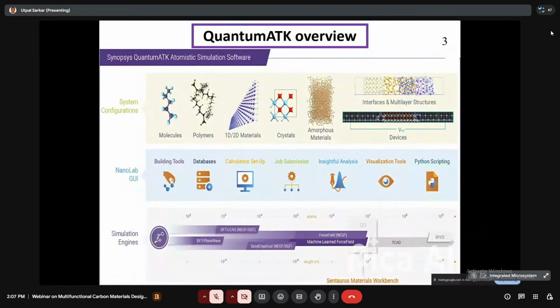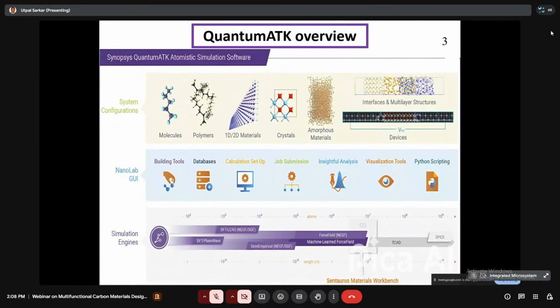And different types of calculations you can do, starting from molecular level calculations to polymer to 1D, 2D, 3D, that is solid state type calculations, amorphous calculations, and then device level calculations also. Okay, and this Nanolab GUI helps to build the input file for all these things, helps to analyze the results, and helps to create pictures suitable for publications.